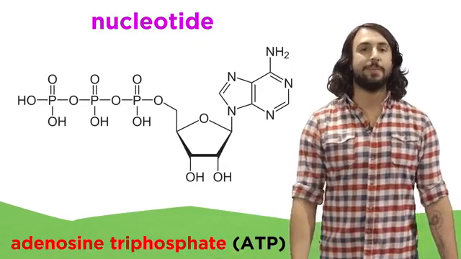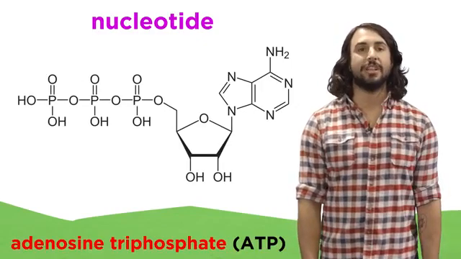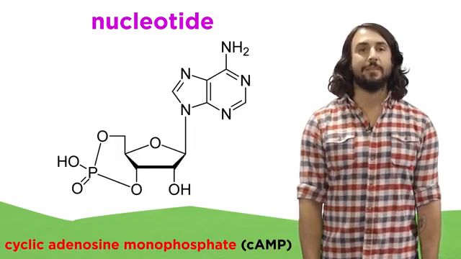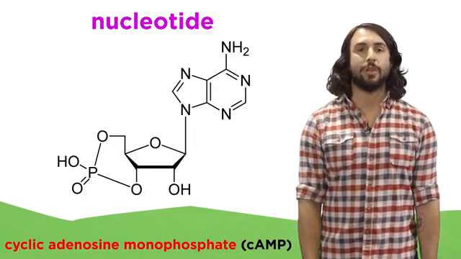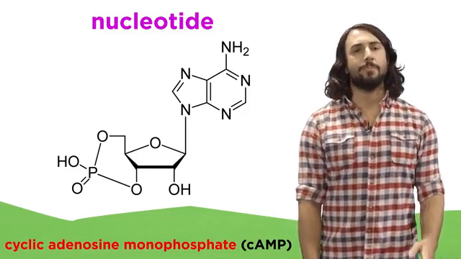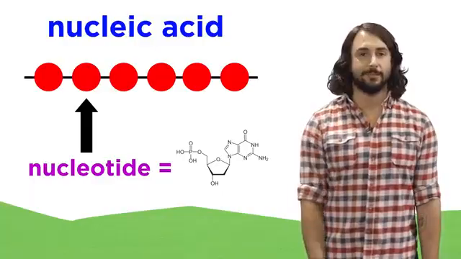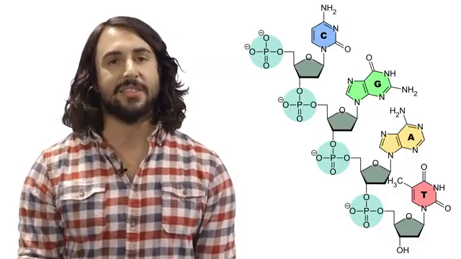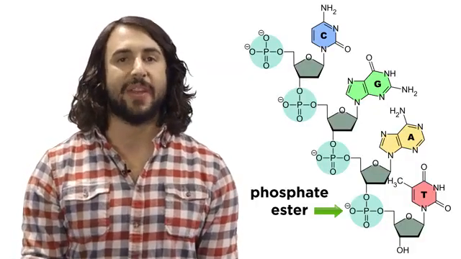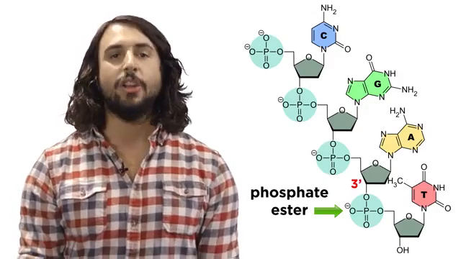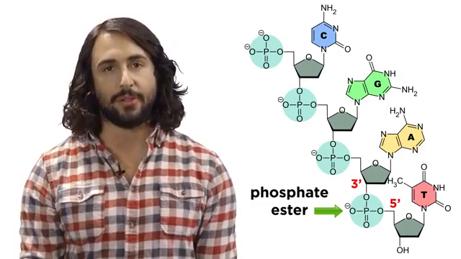Nucleotides include ATP, which is the currency of cellular energy that we will talk more about later, as well as cyclic AMP, a second messenger molecule released in signal transduction. But most importantly, nucleotides are the monomers that make up nucleic acids. In nucleic acids, the monomers are connected by phosphate esters that link the 3' hydroxyl of one nucleotide to the 5' hydroxyl of another.